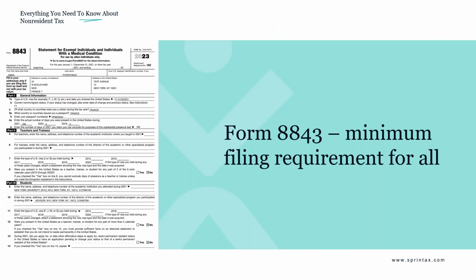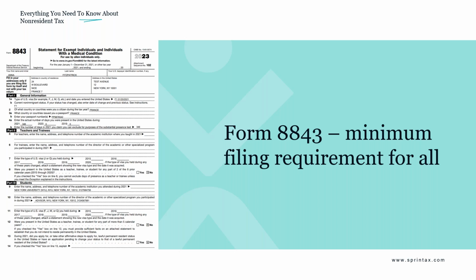But just looking at the 8843 in a little bit more detail, as I mentioned, it's generally the minimum filing requirement for all non-residents who are present on US soil under an F, J, M, or Q visa status. It needs to be filed even if you didn't earn any income, but also if you did earn income, it needs to be filed alongside your 1040 NOR. It's a pretty simple form.